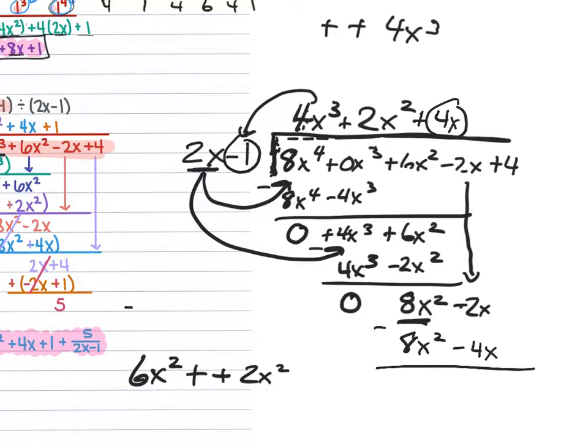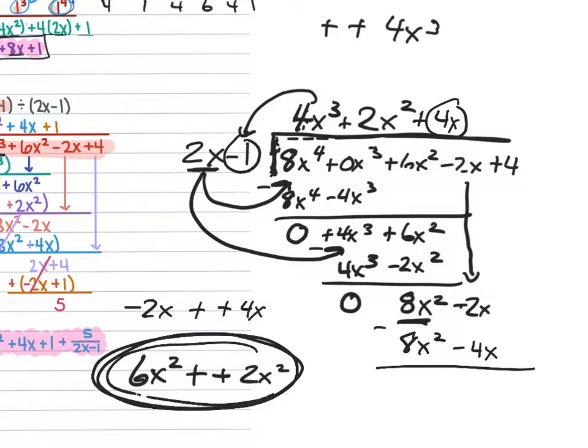And if we do negative 2x minus a negative 4x, wouldn't it be 4x because 6x squared minus 2x? Oh, okay, so we get 8x squared minus 8x squared is 0. And then negative 2x plus 4x is 2x. Bring down the 4.